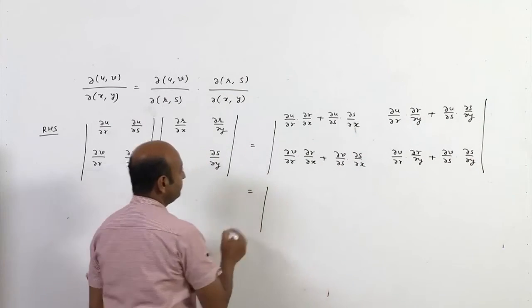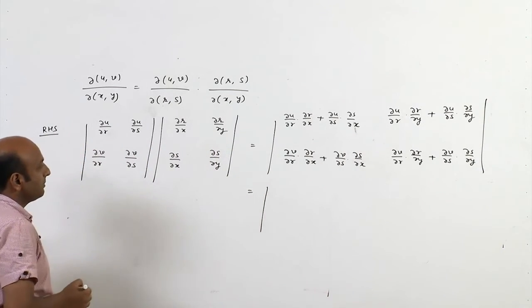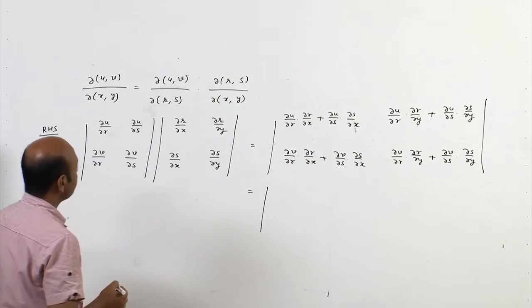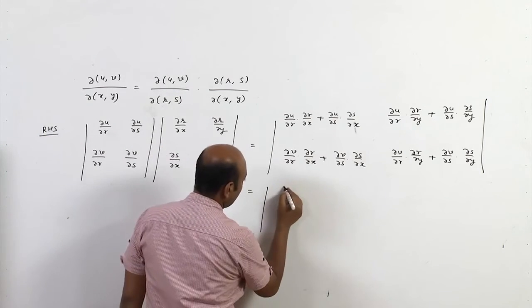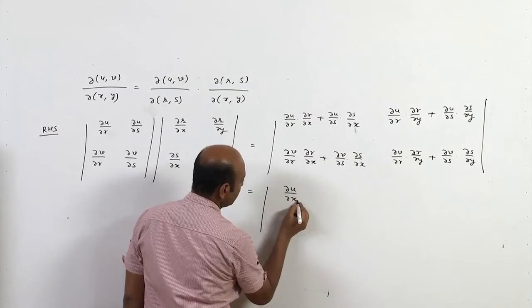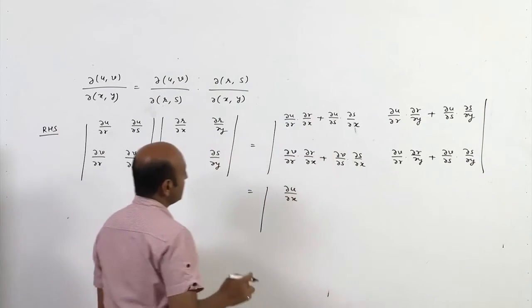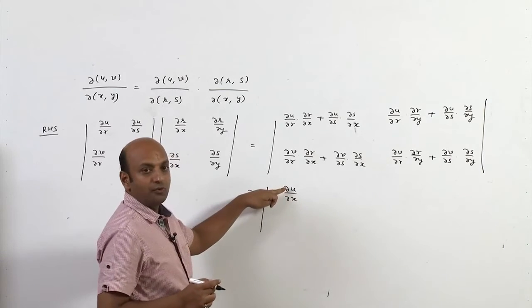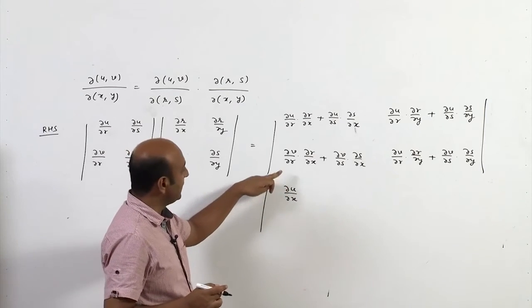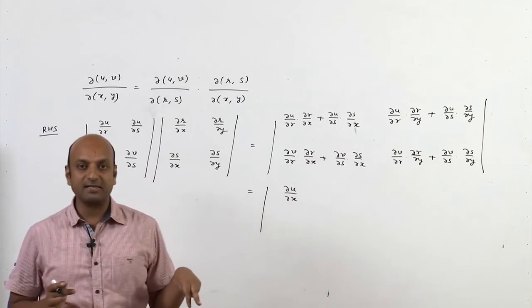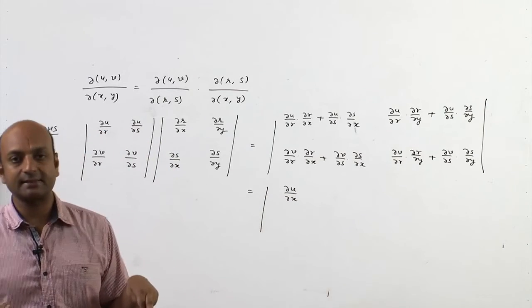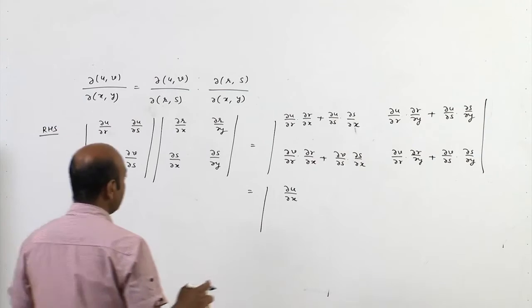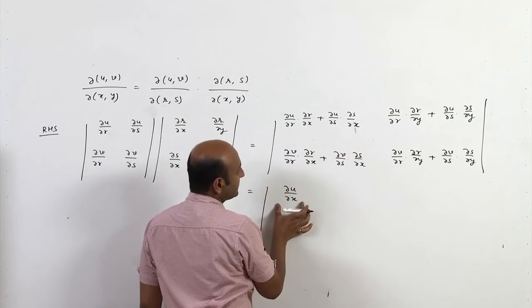Now, the first term is basically del u by del x. If you carefully see, u is a function of r and s. So, when you apply chain rule, it is del u by del r into del r by del x plus del u by del s into del s by del x. So, this term is basically del u by del x.